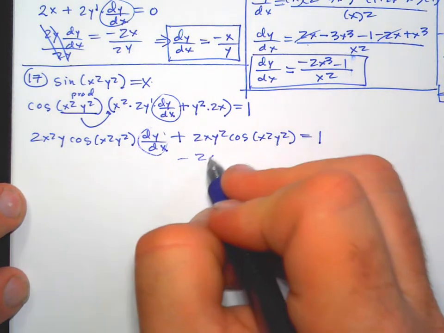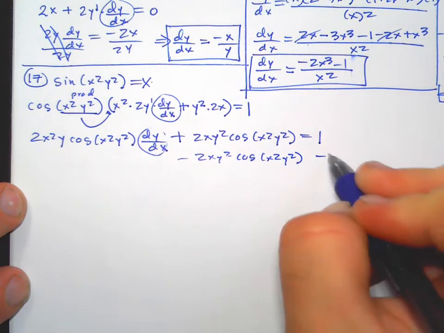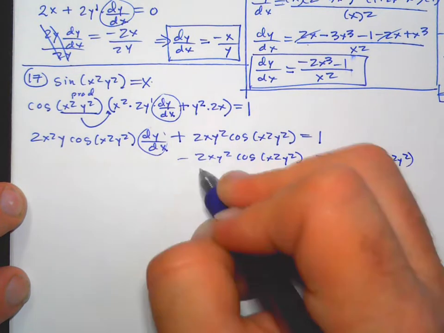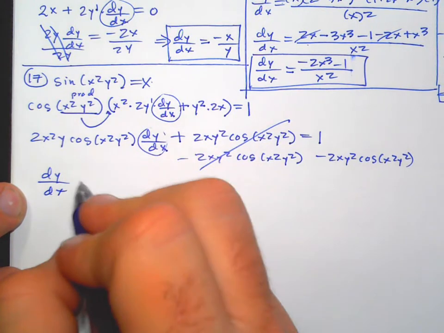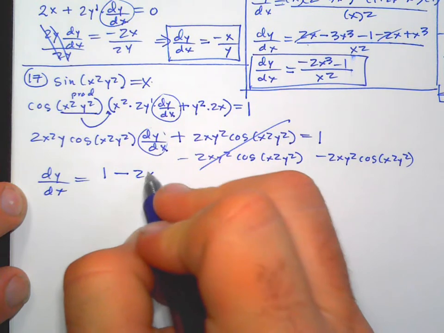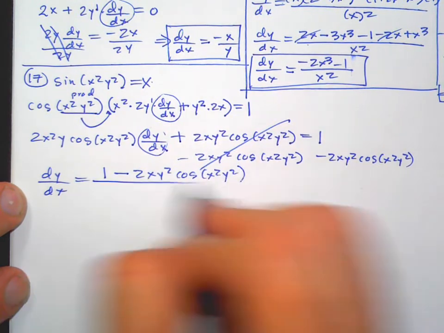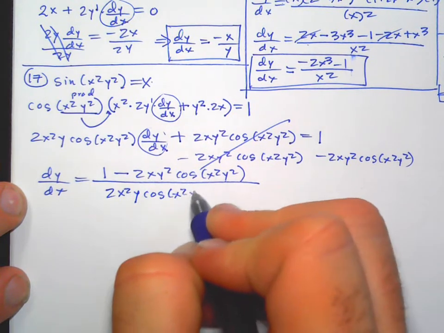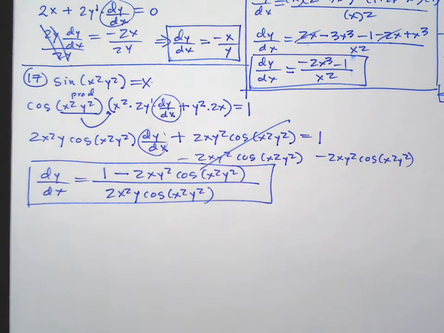You subtract this to the other side, right? Divide both sides by this. So you're going to have 1 minus 2xy squared cosine(x squared y squared), divided by 2x squared y cosine(x squared y squared). So that seems like a good answer. That is what the answer in the back of the book was.